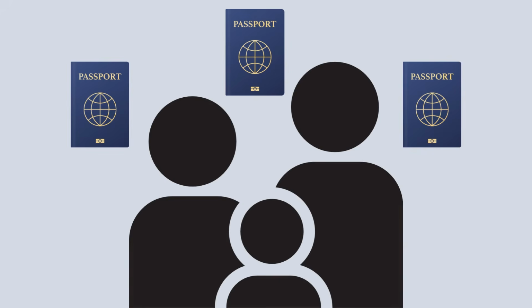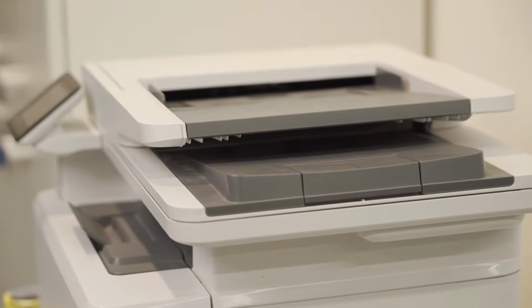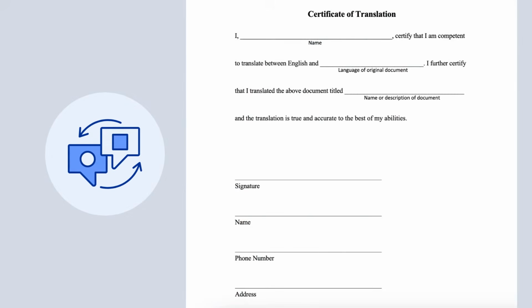For all of these documents, remember, do not send originals. Only send photocopies. And if the document is in a language that is not English, include a translation and certificate of translation. You can provide other evidence to support your asylum case if you have it.